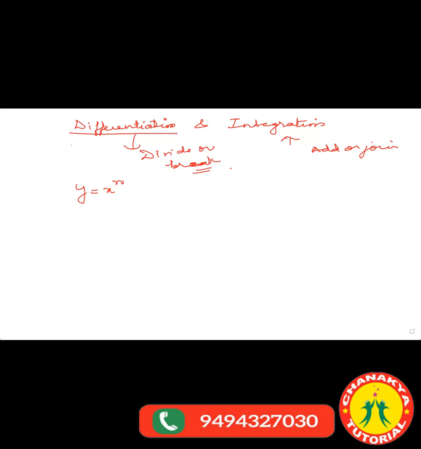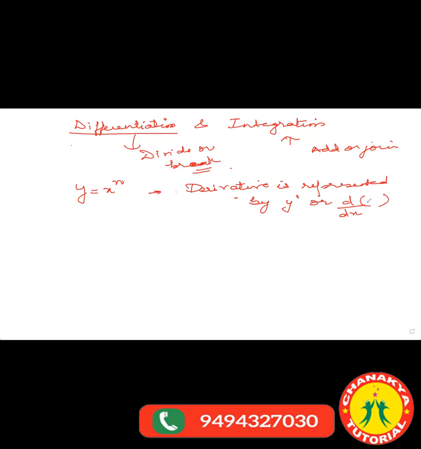The derivative is represented by y dash, or d upon dx.